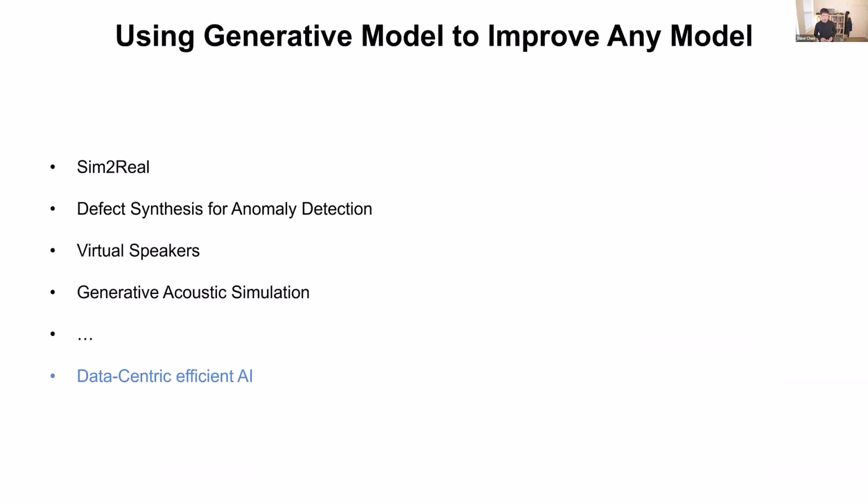In anomaly detection, it is probably hard to find a lot of defect examples. But let's say you have some defects and some normal samples, then you can use the generative model to fuse them and synthesize a lot of defects. And further, in the audio setting, you may have collected 1,000 to 10,000 different speakers and speech samples, but how can you make sure that the model is going to work in the real world with millions of users?